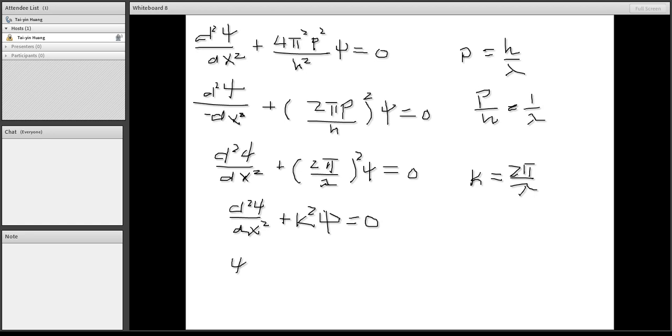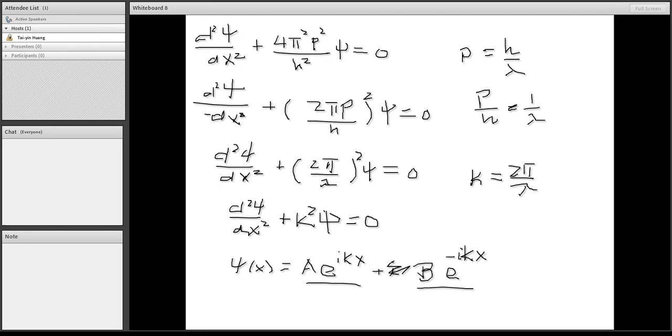is simply psi as a function of x, equal to a constant a times e to the ikx, plus b times e to the minus ikx. The first term describes the incident wave, and this term describes the reflected wave.